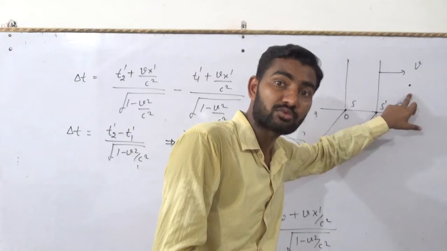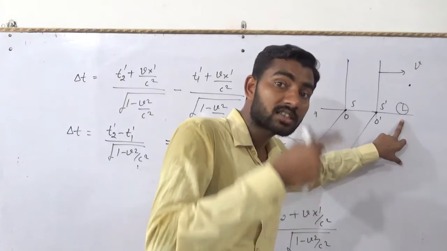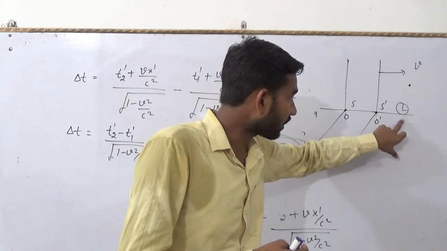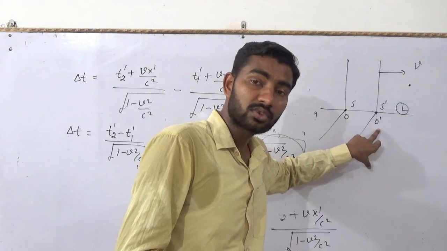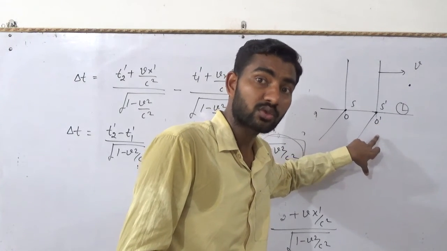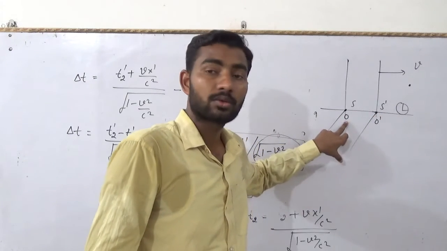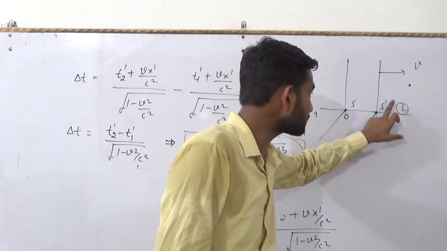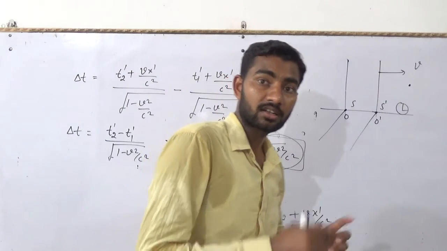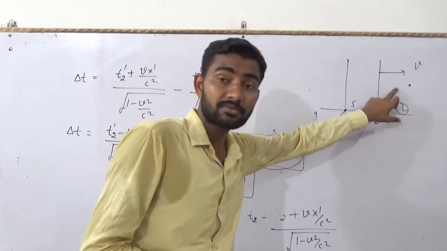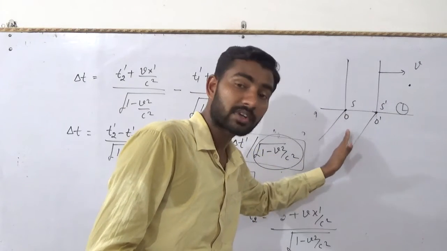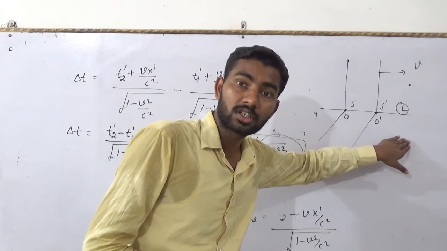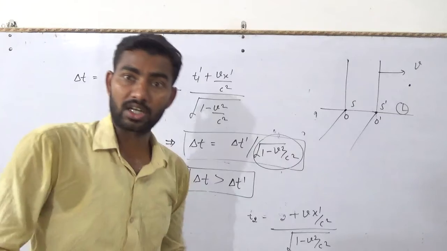The clock is at rest relative to this frame of reference O dash, with its origin O dash, but this clock is moving with frame of reference S, or with its origin O. If this clock is moving relative to this frame of reference, then we find this clock shows less, or slow, time.